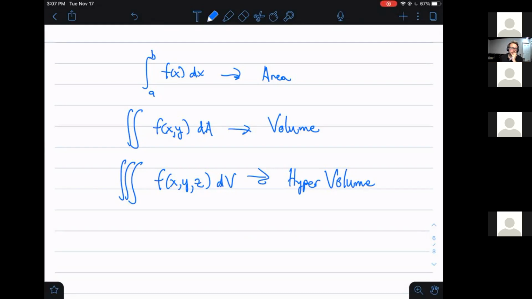But what I like to think of here, when I'm thinking of these things, is putting them in terms of averages. That's where I get a lot of my intuition, especially because, what on earth is hypervolume? When you're adding up this function, you could figure out some average temperature in a room.